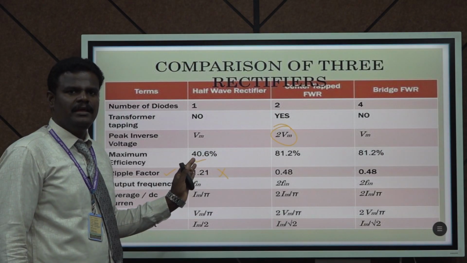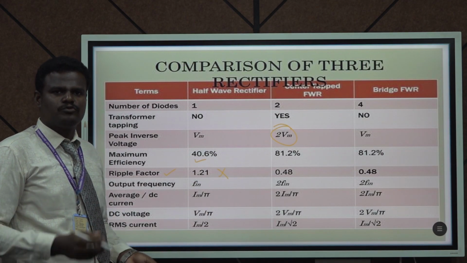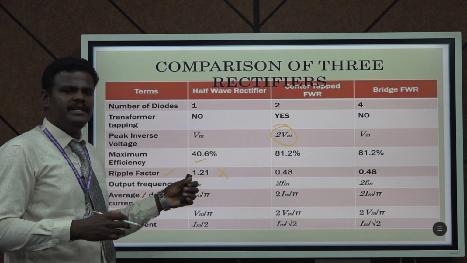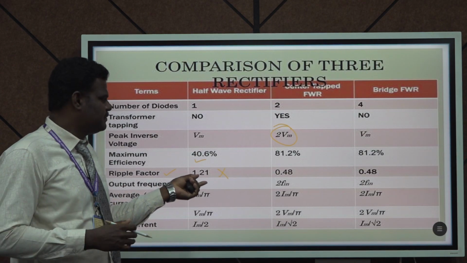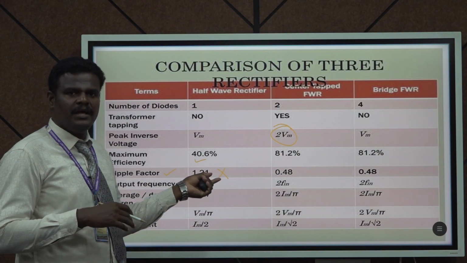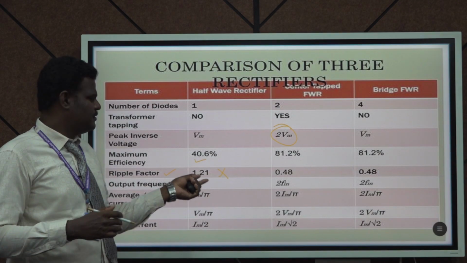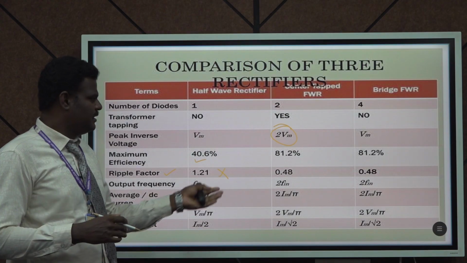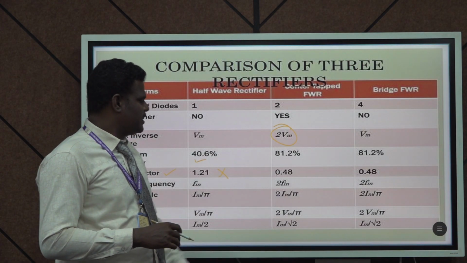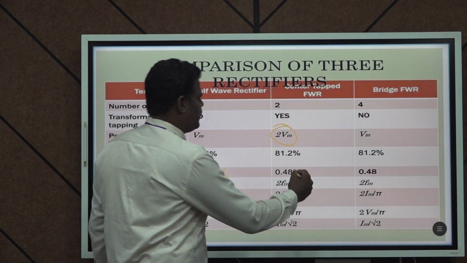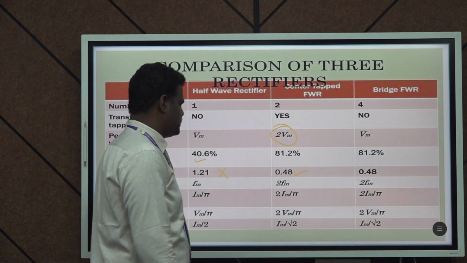It is highly not recommended because there are many ripples present on the DC side. So 121% is not advisable and we need special filter arrangements. The half wave rectifier is highly not recommended. In the center tapped transformer it is reduced to 0.48, 48%.